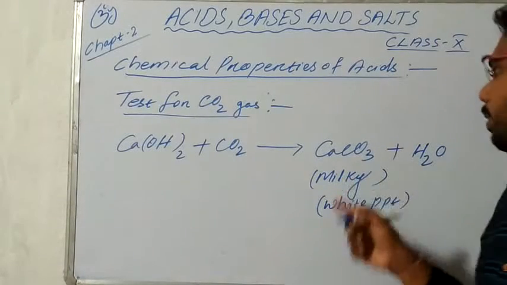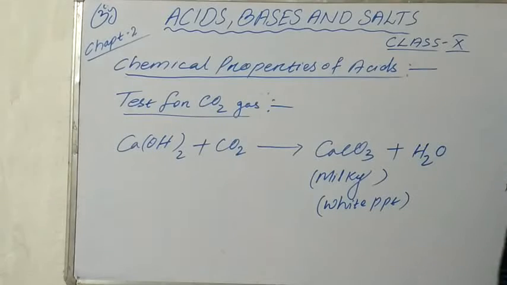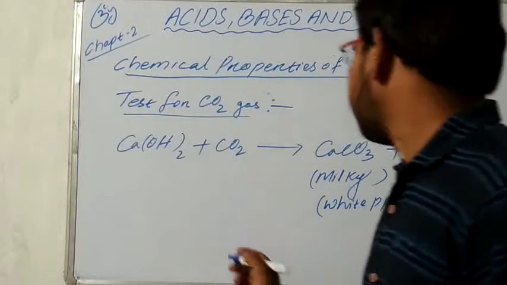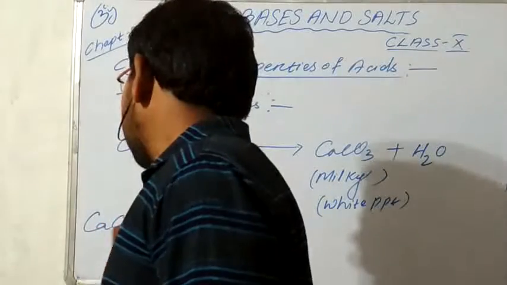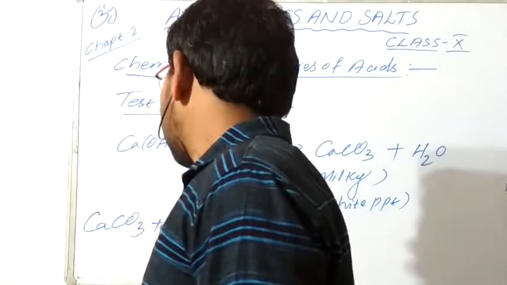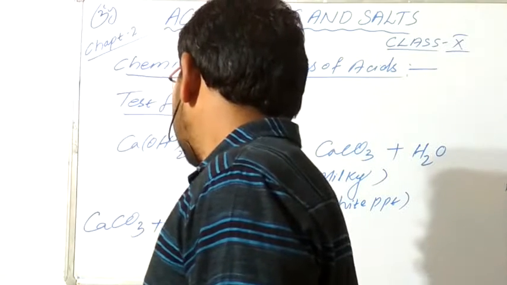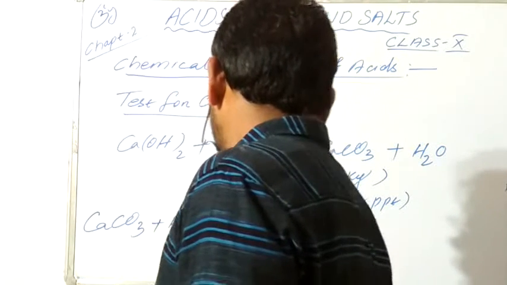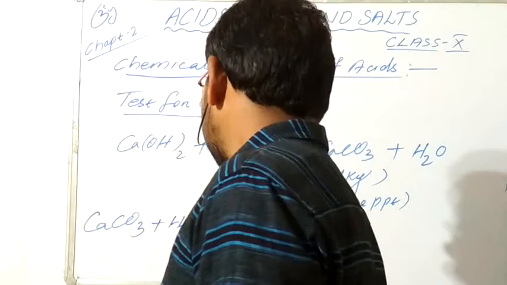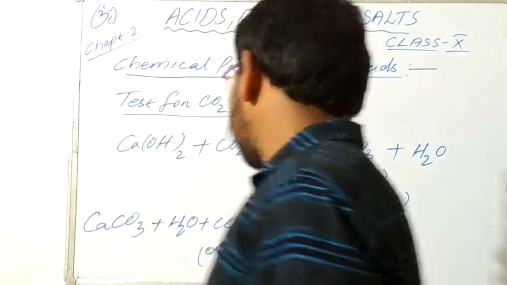And again we react this calcium carbonate. Then what happens? CaCO3 plus H2O plus CO2 in excess. We have to pass an excess quantity of CO2 gas.